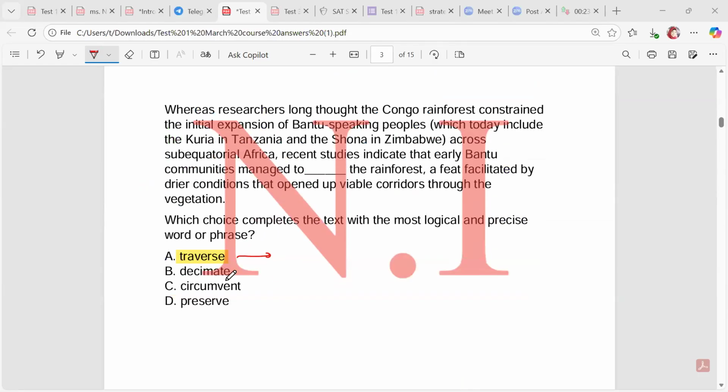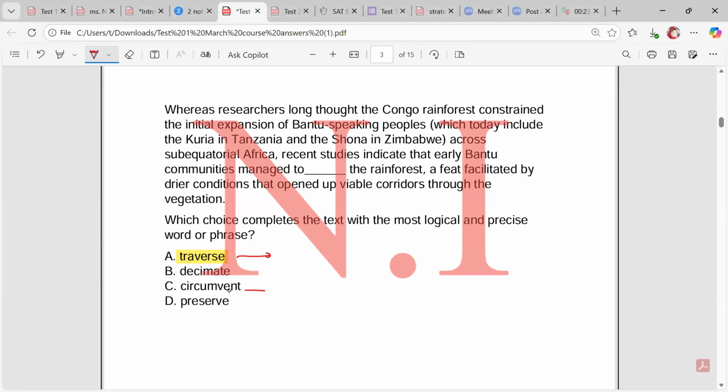Traverse and decimate and circumvent. If you remember, circumvent is in the first practice test on the College Board site. Circumvent means go around or avoid. Decimate means kill or destroy.